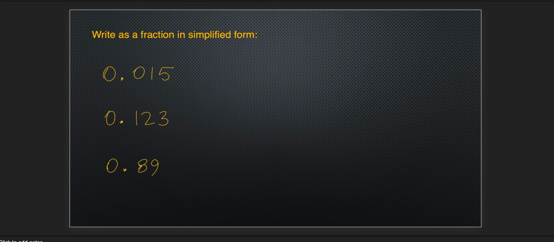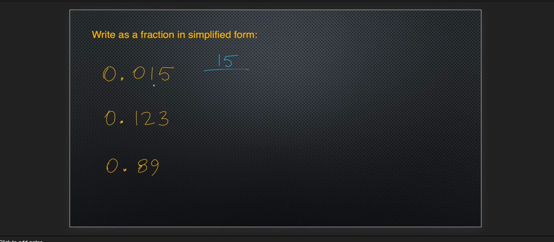Now in this slide, we have rate as a fraction in simplified form. So this is a decimal, 0.015. What we do is take the significant digits, the 15, and place it over a 100 or 1000 or something.